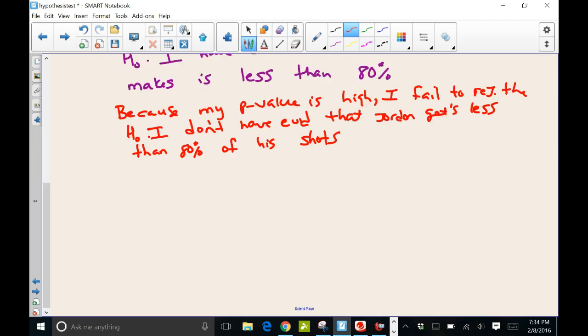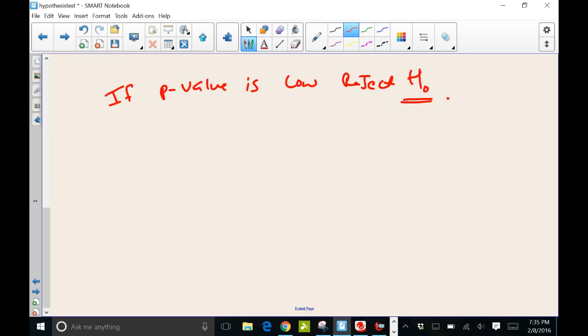Now, I'm going to tell you a little silly thing, and I know this helped my son, and I'm sorry I have to say this, but the saying in stats is, if the p-value is low, reject the hoe. Sorry, that's really bad, but it helps. And another kind of cutesy thing is, the null is upset because no one accepts him.